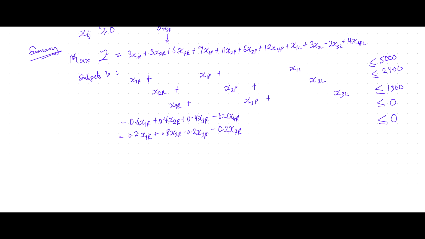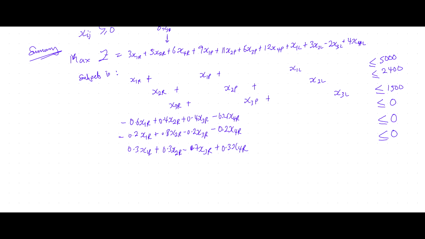Then we have 0.3 x1r plus 0.3 x2r minus 0.7 x3r, and then plus 0.3 x4r less than or equal to 0.